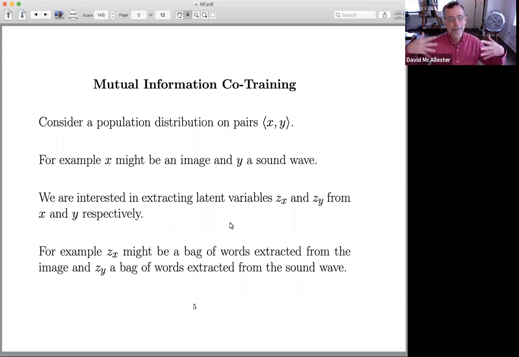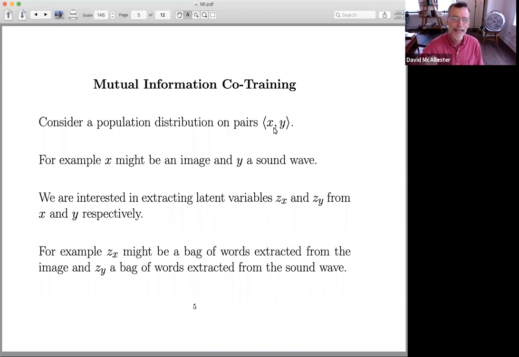The example I'm going to use, because ultimately children do map sound waves to symbolic representations, is to think about mapping both the image and the sound wave to a symbolic representation. We don't really know what the representation of images is, or how symbolic it is.